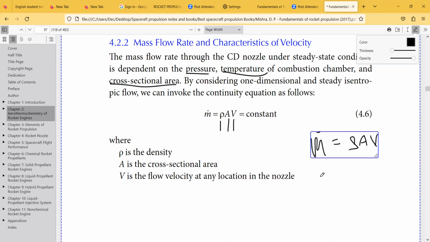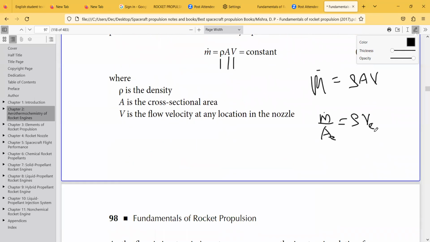So this implies m dot over area is equal to rho times V. Now let's consider exit area and exit velocity. Then we have the formula for exit velocity.